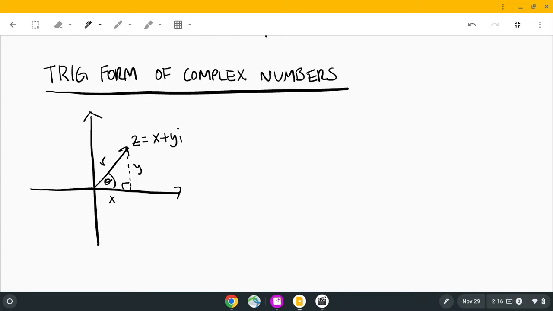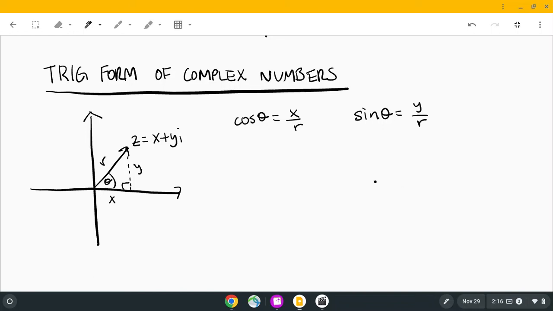Okay, so we know from trigonometry that cosine theta equals x over r, adjacent over hypotenuse. And we also know that sine theta is opposite y over hypotenuse, which is r, right?